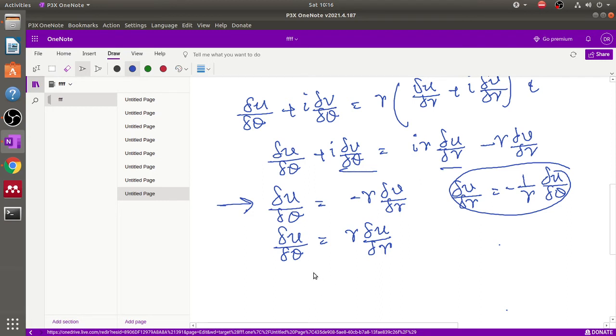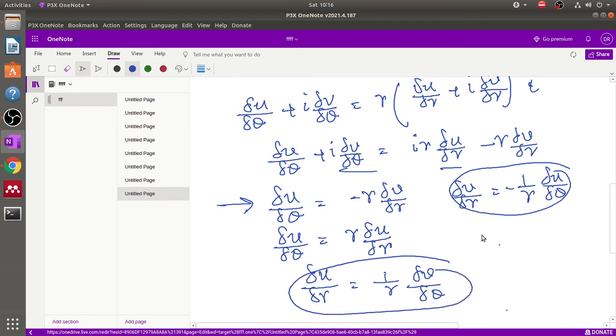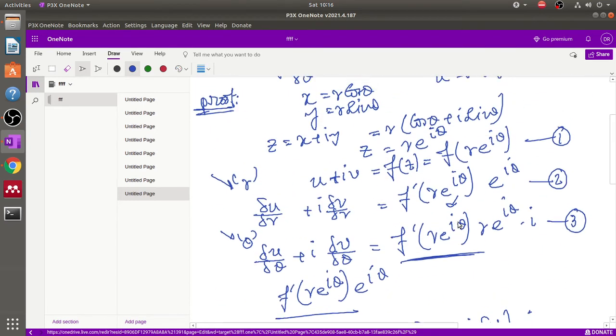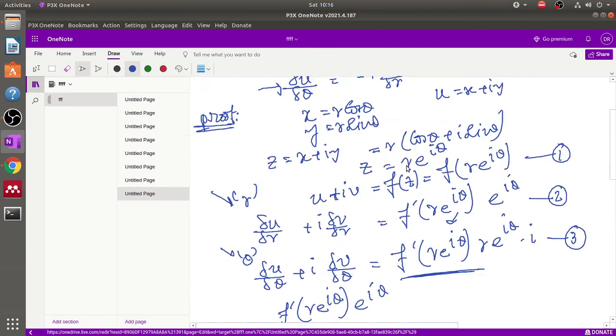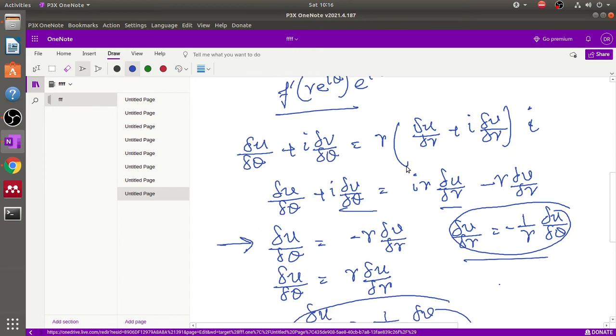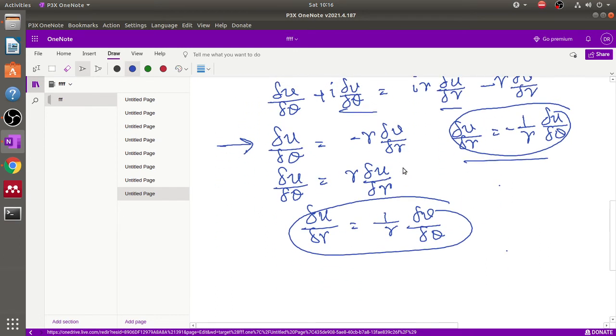From these two parts we see that del u by del r equals 1 by r del v by del theta. So this is one equation we proved, and this is another equation, del u by del r, del v by del r. So this is the first proof of representation of the CR equation in polar form.